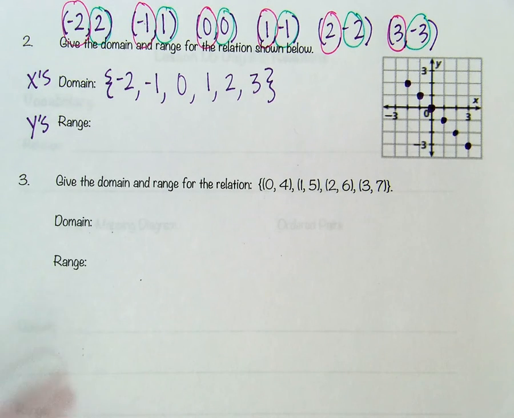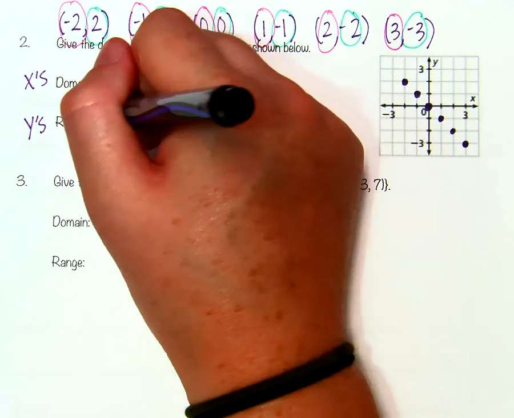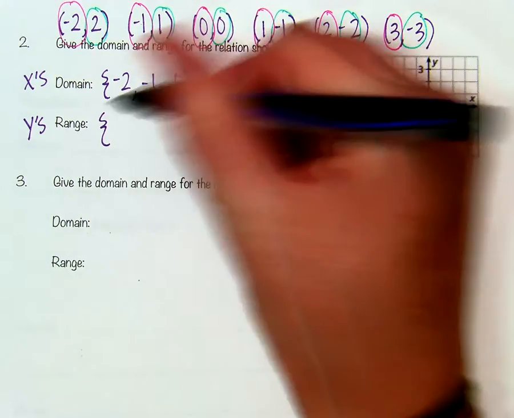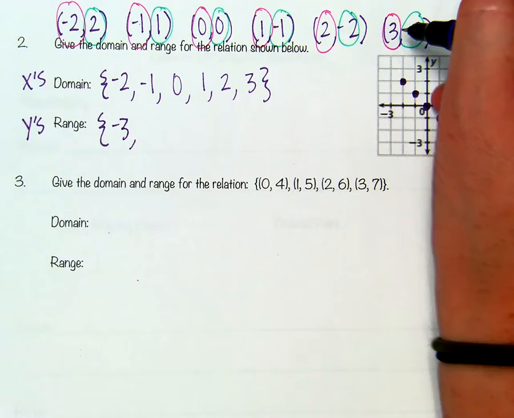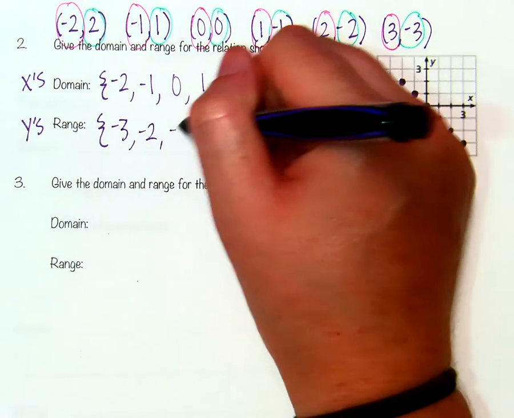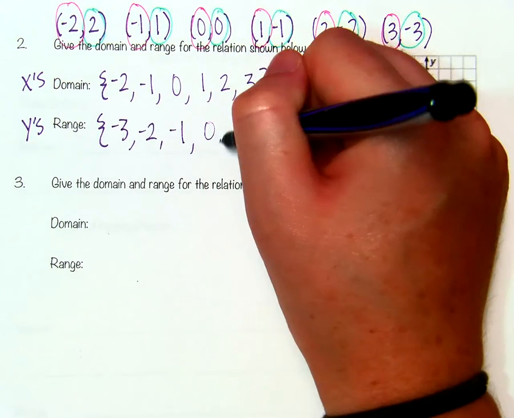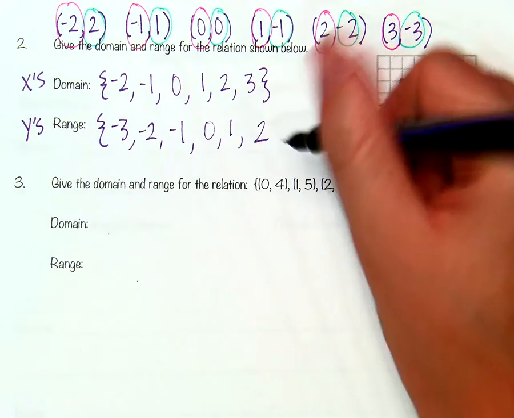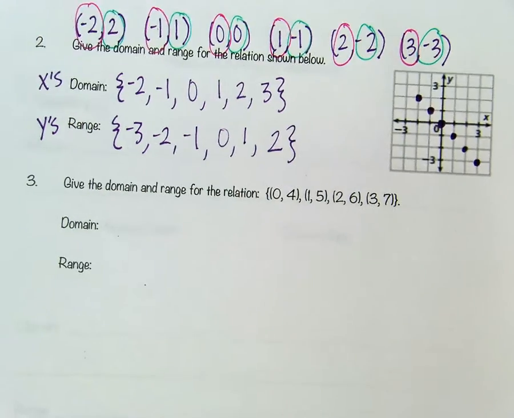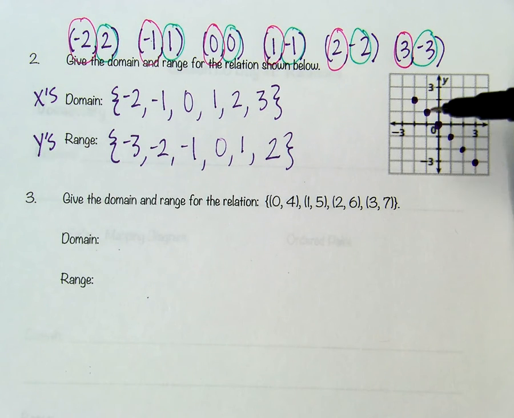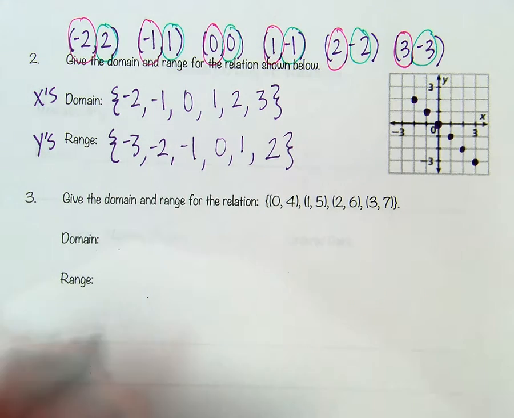My range, smallest to biggest, the smallest one would be -3, comma, -2, then -1, 0, 1, and 2 would be my biggest one, and then I would stop. I did not have any repeats in that set, so there was nothing to worry about as far as that one. I did just have to make sure I went in order from smallest to biggest.